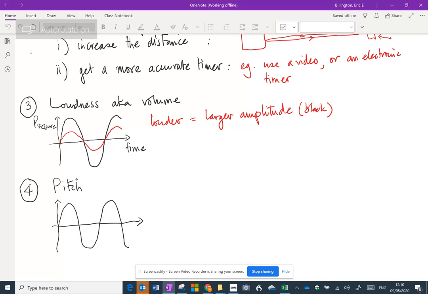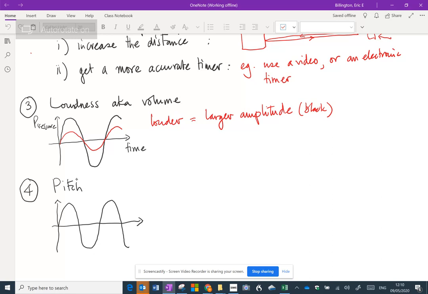So this is higher frequency. So higher frequency equals higher pitch, which means sopranos as opposed to basso profundo.